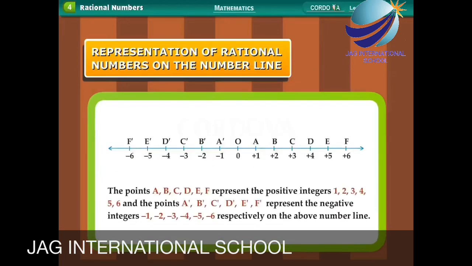The points A, B, C, D, E, F represent the positive integers 1, 2, 3, 4, 5, 6, and the points A dash, B dash, C dash, D dash, E dash, F dash represent the negative integers -1, -2, -3, -4, -5, -6 respectively on the above number line.